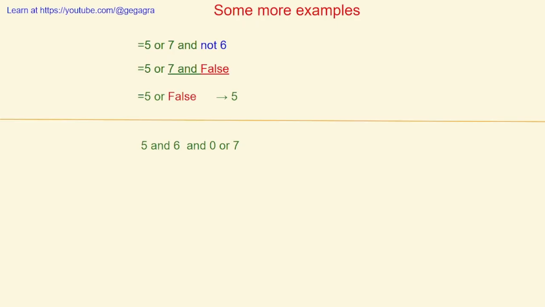We'll have to find out the first false value, otherwise it will return the last value. 5 is not a false value, 6 is not a false value, and 0 of course is. Because we find no false value before it, it will return the last value. So 0 will be the outcome.